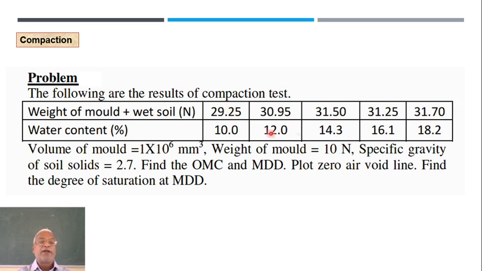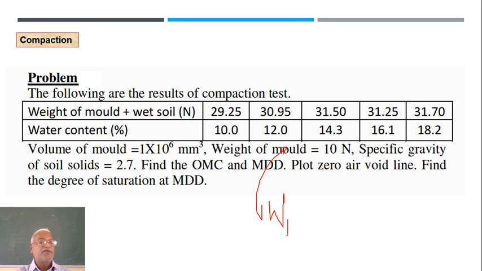Weight of the mold is nothing but W1. Now what is given over here is W2. So W2 minus W1 gives you 19.25 newtons as the weight of soil, divided by 1000 cc gives you the unit weight of the soil.